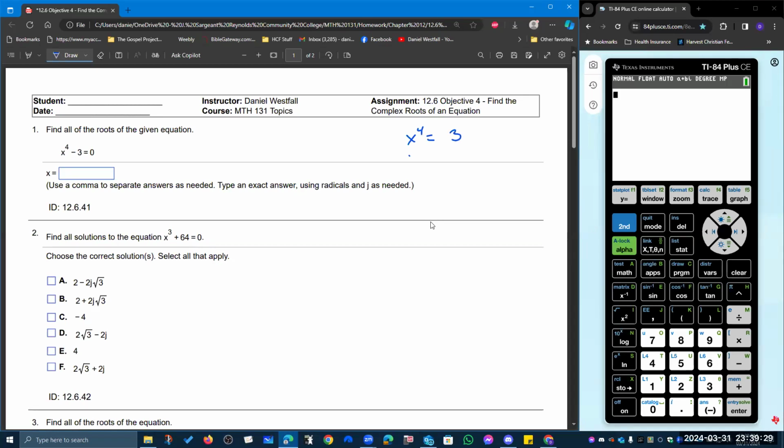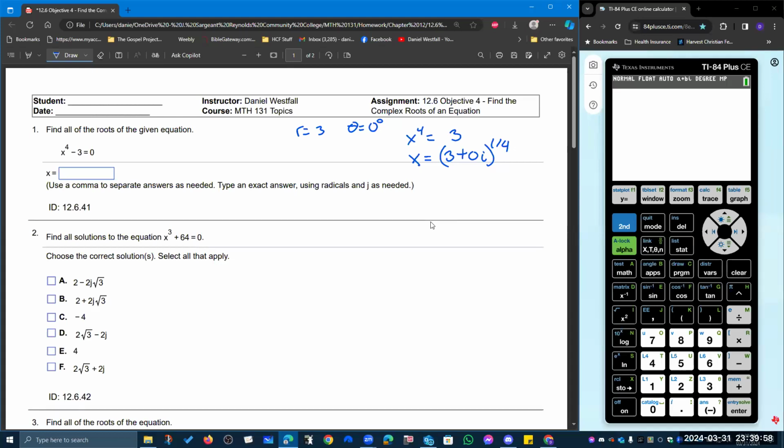And so x is going to be equal to 3 plus 0i to the 1/4 power that we need to think about. So r is equal to 3 here in the original, and theta is equal to 0 degrees in the original.